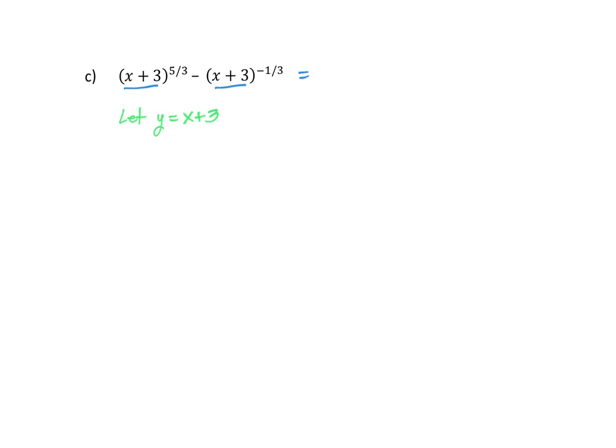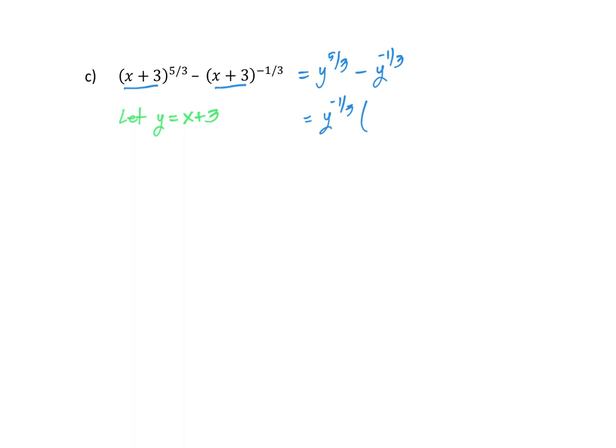And then that would mean that this is equal to y to the 5/3 minus y to the 1/3. That looks much nicer to me. And then I could see that I have this common y that I could factor out. The smaller exponent would be, this should be -1/3, sorry. -1/3 should be the smallest exponent.